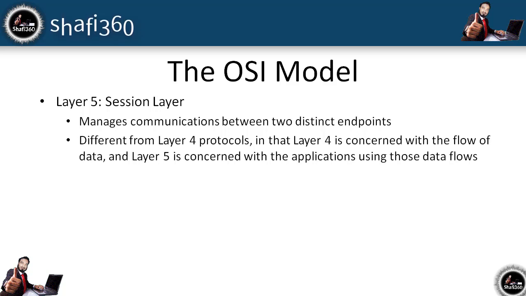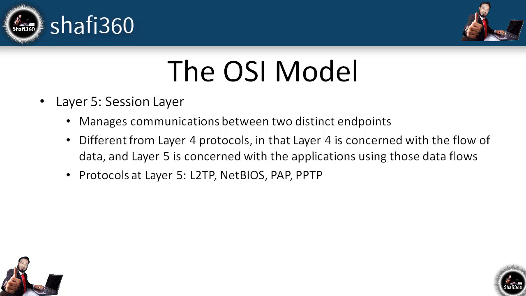If you've ever used any application that does RPC or remote procedure calls, Layer 5 is where RPC lives. Protocols that live at Layer 5 are L2TP, the Layer 2 tunneling protocol used by some VPNs. NetBIOS, again, if you've done any Windows networking at all, you know what NetBIOS is. PAP, which is the PPP authentication protocol. And PPTP, or the point-to-point tunneling protocol, which is another type of VPN connection.